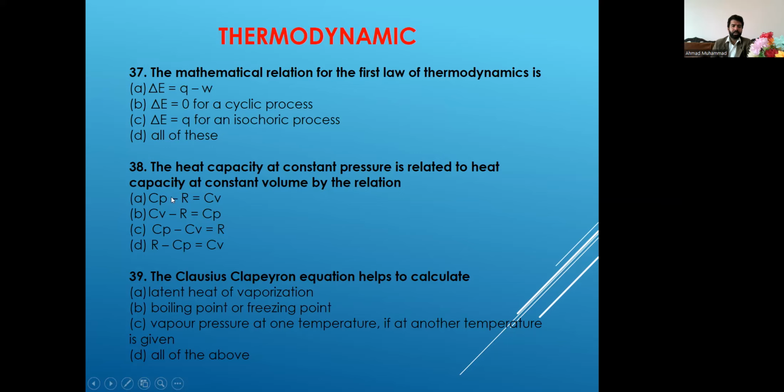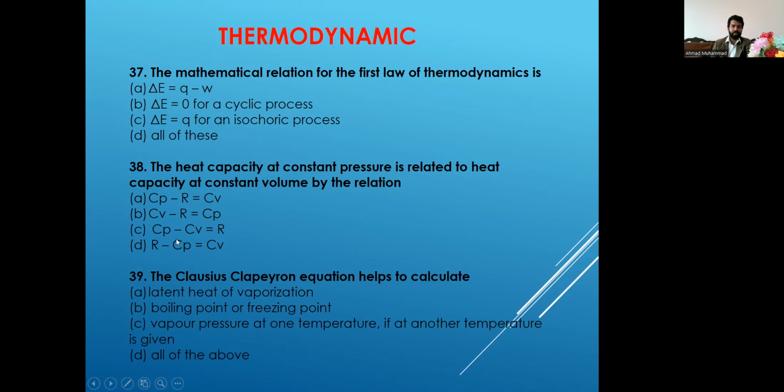relation. Option A is molar heat capacity at constant pressure minus gas constant is equal to molar heat capacity at constant volume, and option B is molar heat capacity at constant volume minus gas constant is equal to molar heat capacity at constant pressure, and option C is molar heat capacity at constant pressure minus molar heat capacity at constant volume is equal to gas constant, and option D is gas constant minus molar heat capacity at constant pressure is equal to molar heat capacity at constant volume.